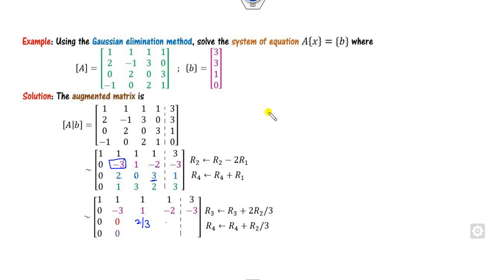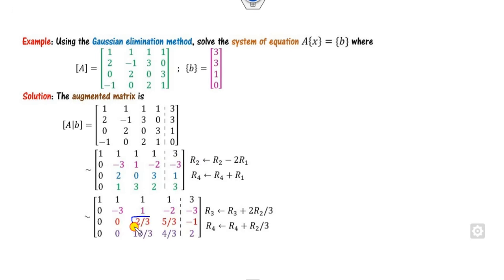Minus 9 plus 4, minus 5 divided by minus 3 is 5 by 3. Look at this value. Previous values are 1, minus 3 and 2. It's minus 3 minus minus plus 6 divided by box element. It is minus 1. Same way you can find these 3 values here.